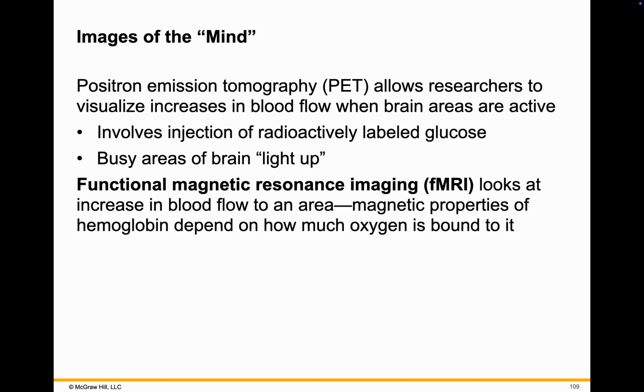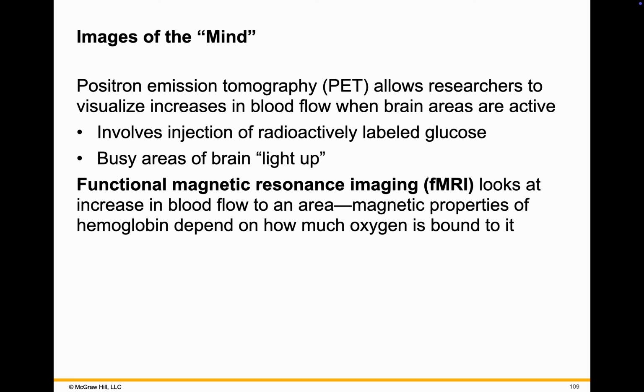The mind is why we really like to study the brain, and this is where integration comes in, where we don't really have a good idea, but we are getting more and more information. This involves studying with positron emission tomography to visualize where blood flow increases when certain regions of the brain are active.